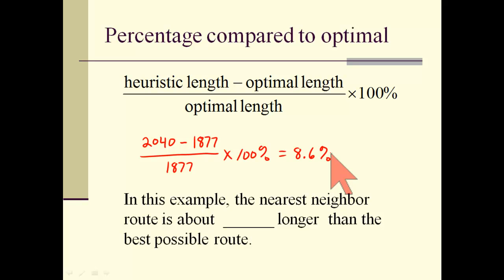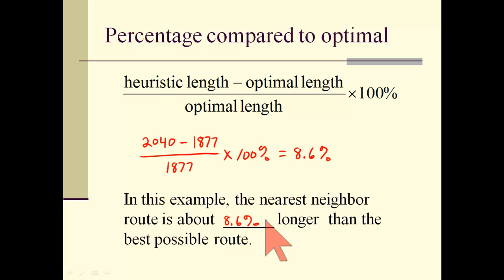What's that saying? In this example, the nearest neighbor route, the route that the nearest neighbor algorithm found, is about 8.6 or about 9% longer than the best possible route. So, is that a problem? Well, maybe not. In real life, if you had a task to do and you were paying, say, 10% more than you needed to, that might not be too bad.